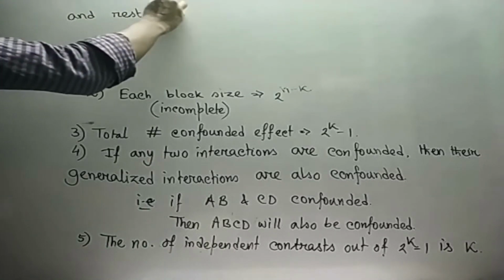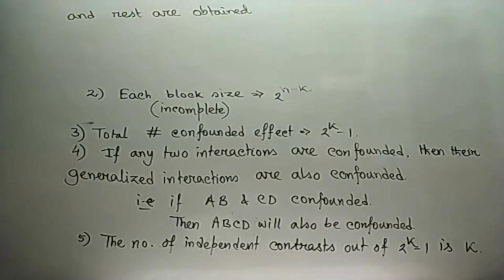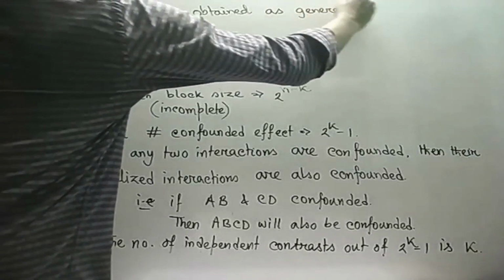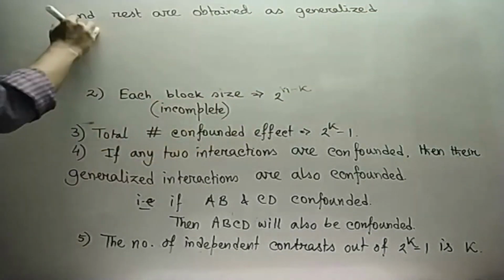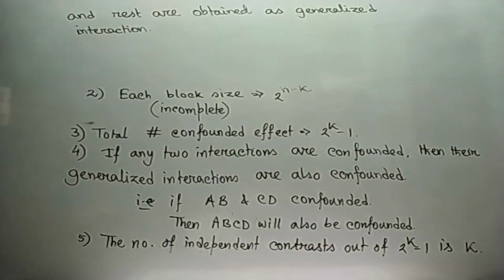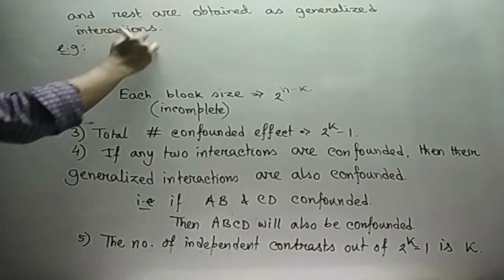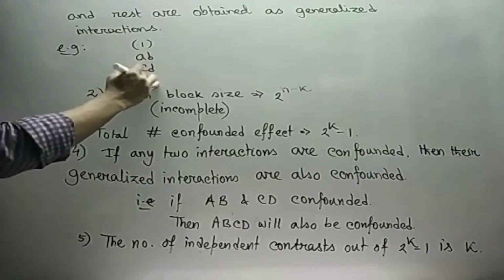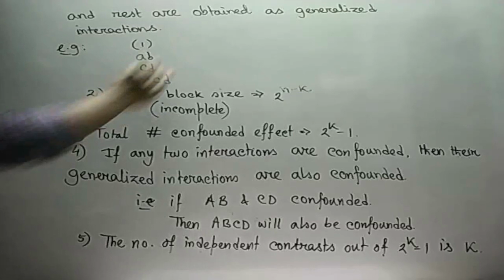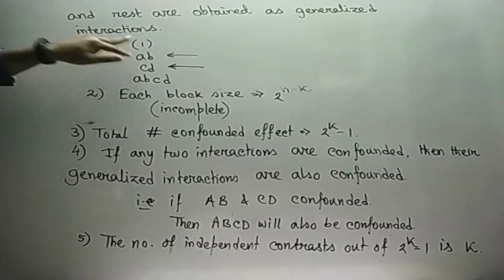The rest are obtained as generalized interactions. For example, let's say the key block is 1, AB, CD and ABCD. Now AB and CD are basically independent contrasts.